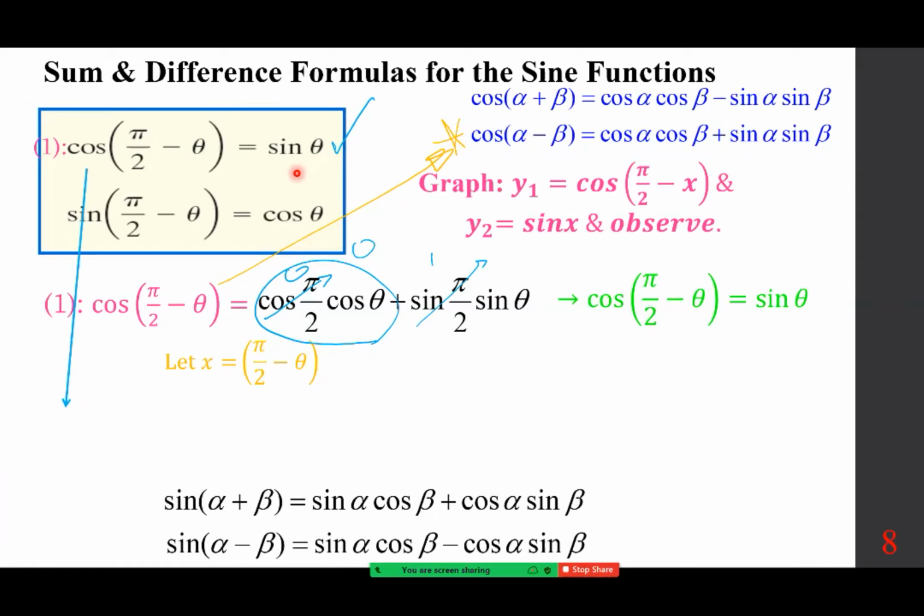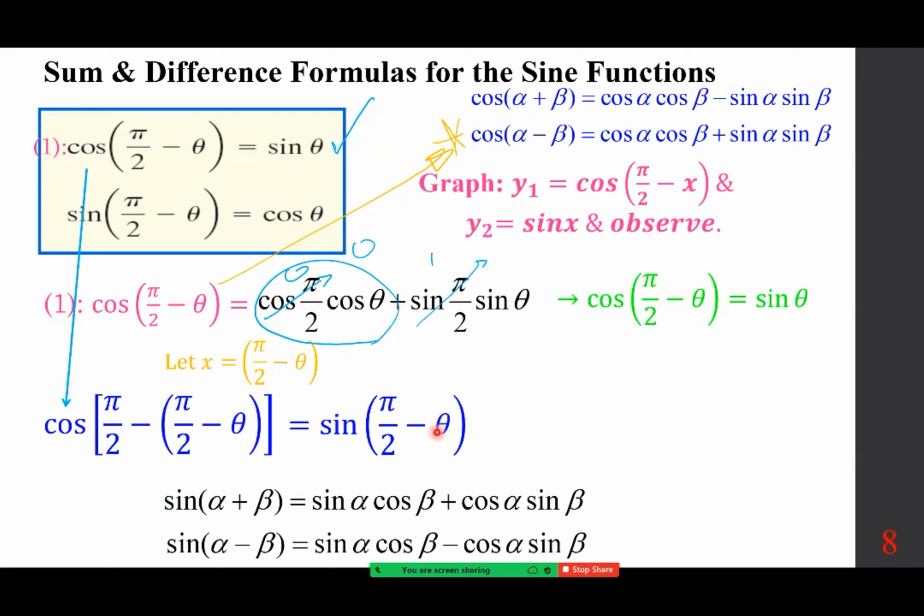So cosine of pi over 2 minus theta, instead of theta, we're going to use x. Cosine of pi over 2 minus x, which is pi over 2 minus theta, is equal to sine x, sine of pi over 2 minus theta, according to the first one.